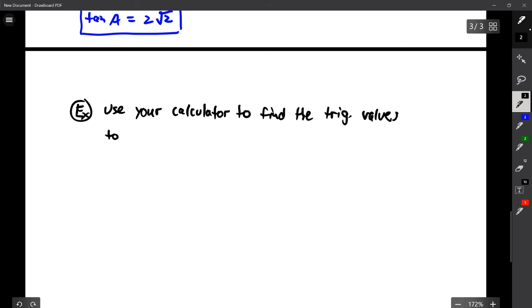We'll say to the 10,000th place. 10,000th place is 4 decimal places.